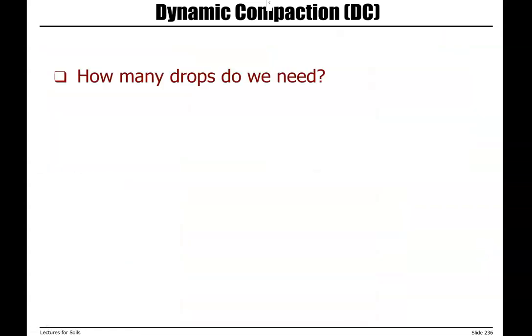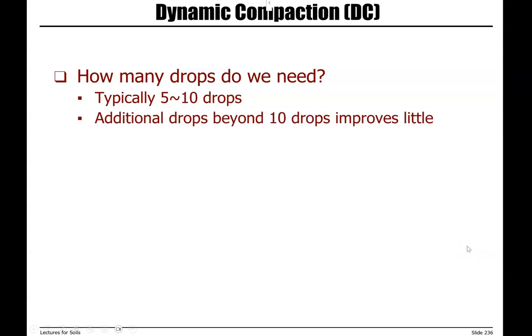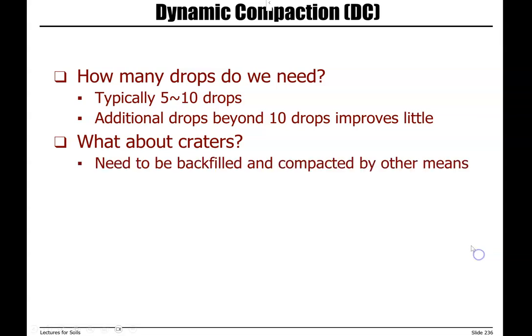In order to do dynamic compaction, we need to know how many drops are required. It's usually between 5 to 10 drops. Previous results show that additional drops beyond 10 cause a very small improvement, so it's not cost effective.